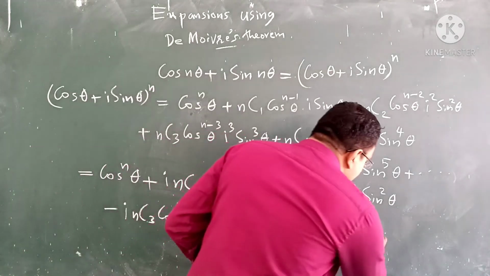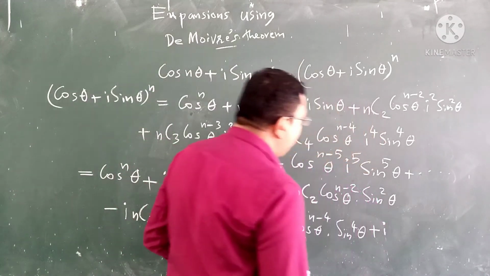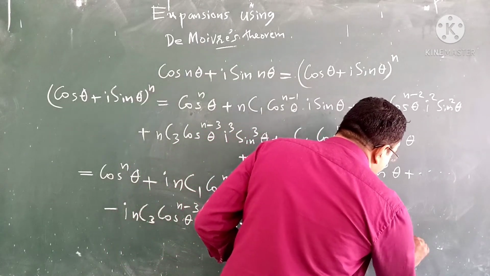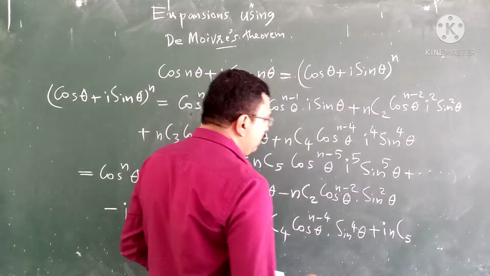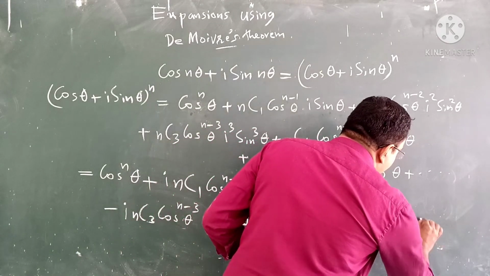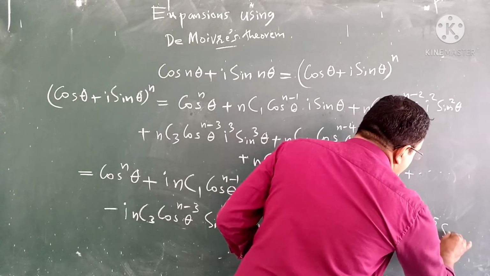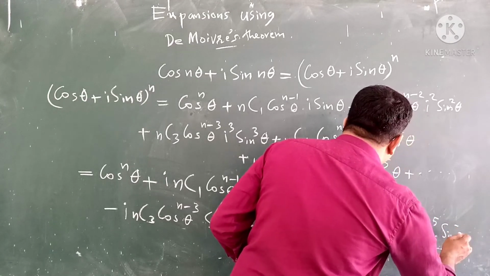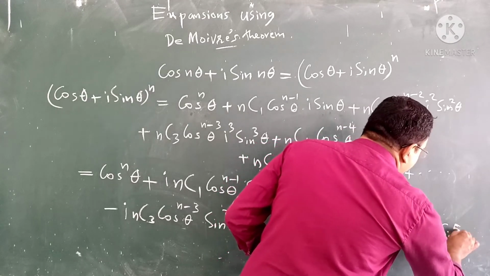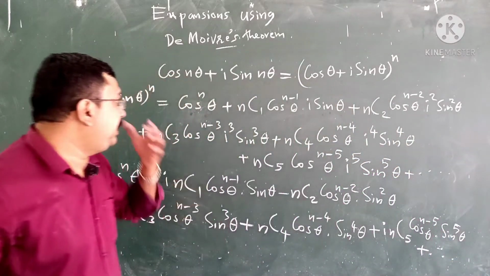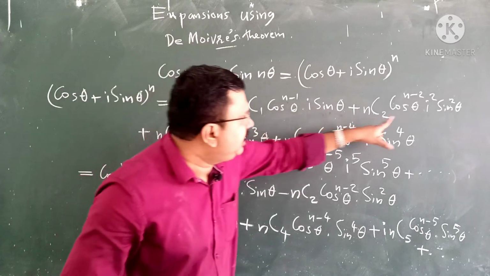I raised to 5 is I, so plus I into nC5 into cos raised to n minus 5 theta into sin raised to 5 theta plus etc.